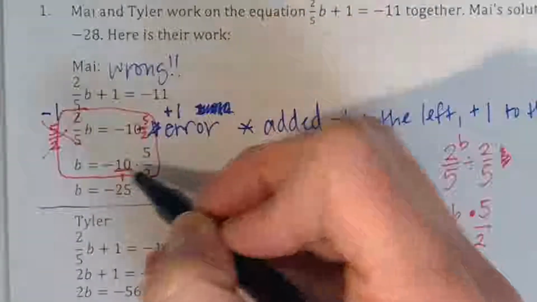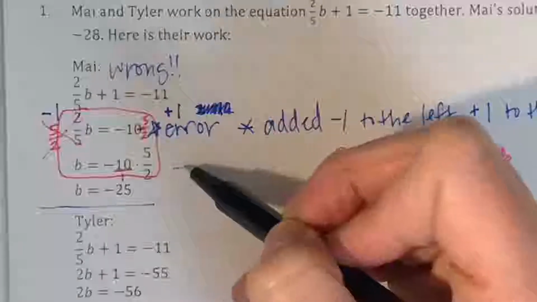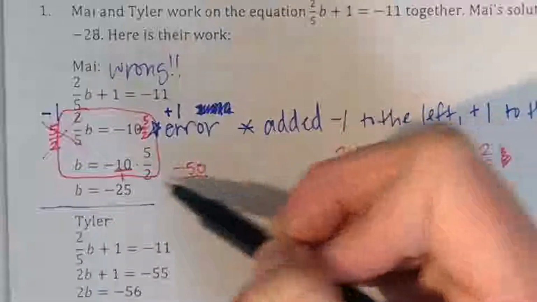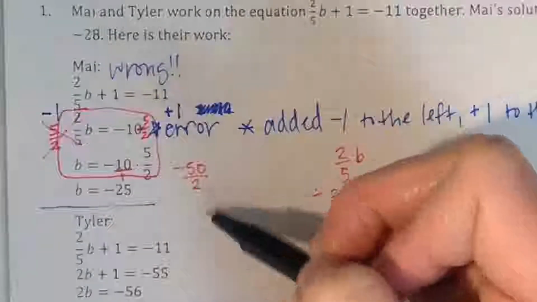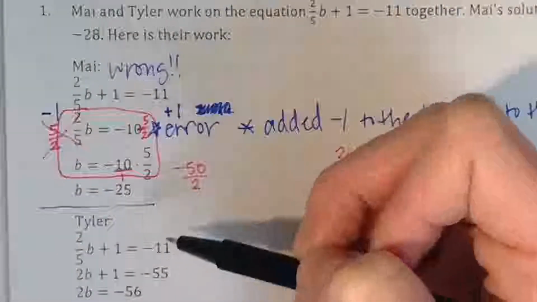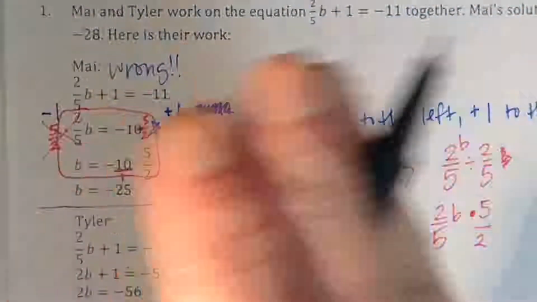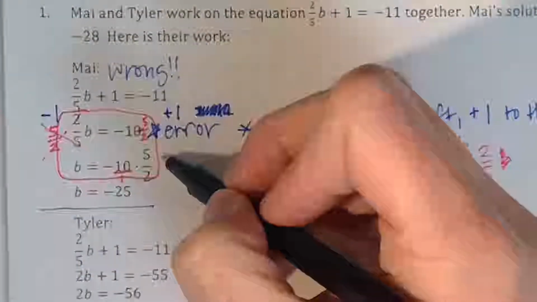But if we actually set this up to multiply, -10 times 5 is -50. 1 times 2 is 2. -50 divided by 2 is actually -25. So what she did was okay.